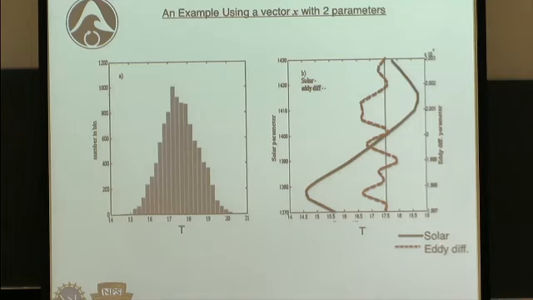We get a smaller influence on the solution from the eddy parameter, represented by this red dashed line here, and the solar parameter is represented by the black line. And you can then also try to look at the interaction between these two quantities.